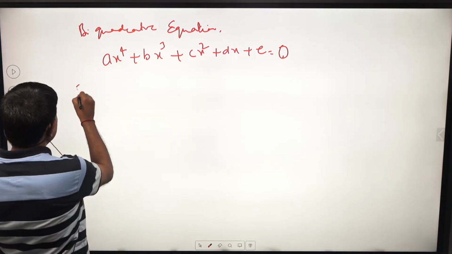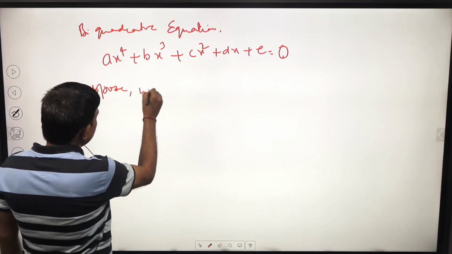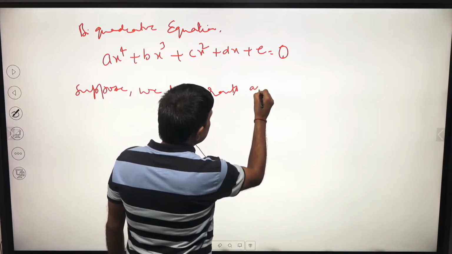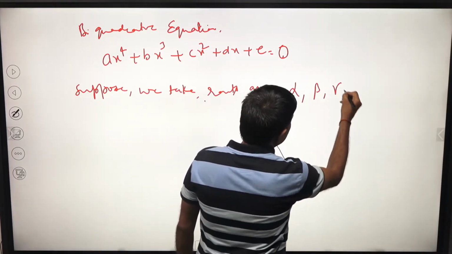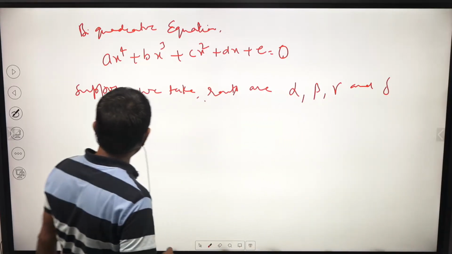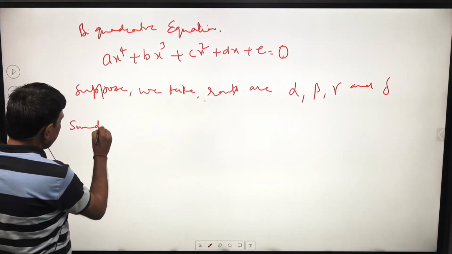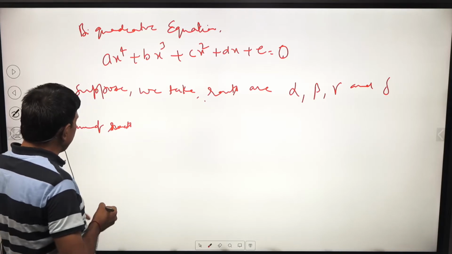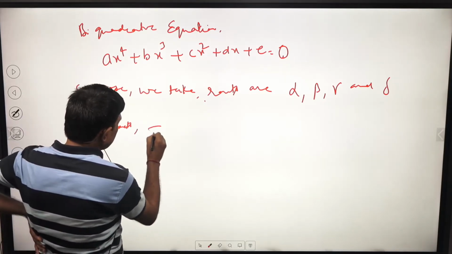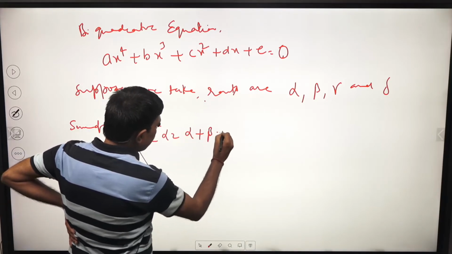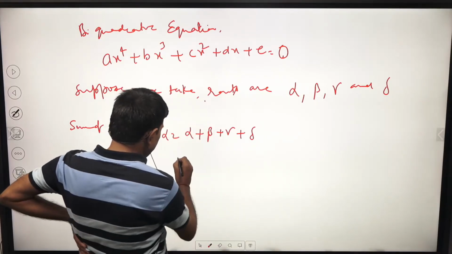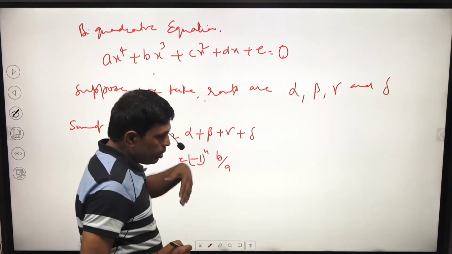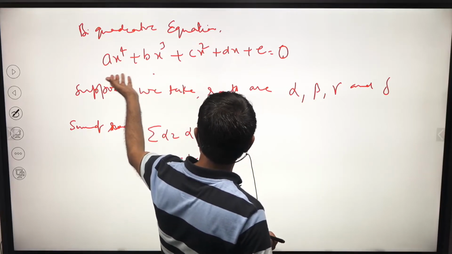So here suppose we take the roots to be alpha, beta, gamma and delta, in general. So the sum of roots, sigma alpha, that means alpha plus beta plus gamma plus delta, is nothing but minus 1 raised to the power 1 into b by a, that is minus b by a. In the quadratic you have learned this, sum of roots minus b by a, product c by a, and so on.